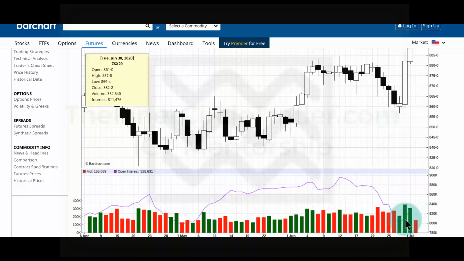But nonetheless, this drop in open interest indicates short covering by the commercial traders. Commercial traders are like Kellogg's or Nabisco, big, huge companies that make a lot of product with a commodity like soybeans.